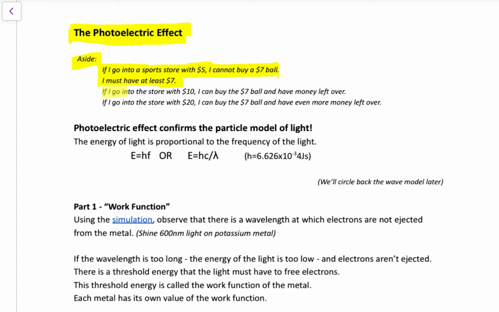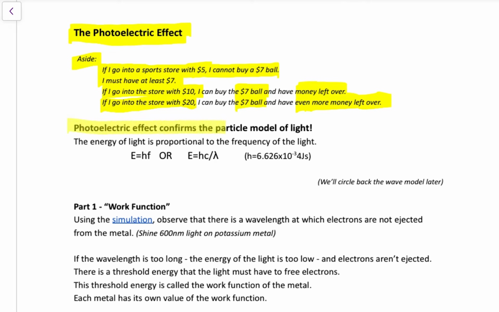But if you went into the store with $10 and wanted to buy the $7 ball or whatever it is, then you can do it. You've met the threshold and you've got some left over. If you were to go into the same store with $20 to buy the same $7 object, you meet the threshold and you have even more money left over. That's a nice little analogy for what the photoelectric effect is and the little equation that we'll run to make sense of it.